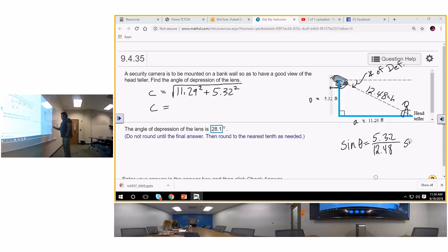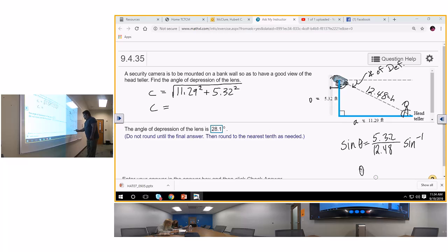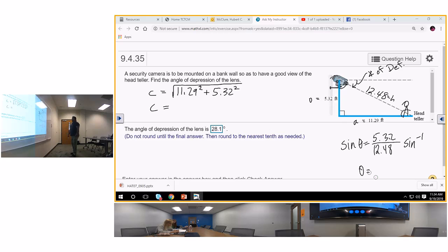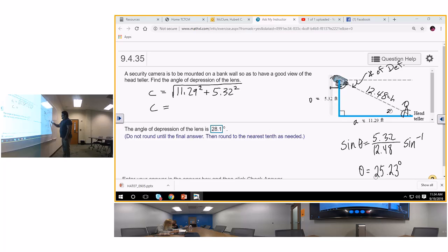And somebody find the inverse sine of those two numbers. Division. What do you get? 25.23 degrees. Now subtract that from 90.